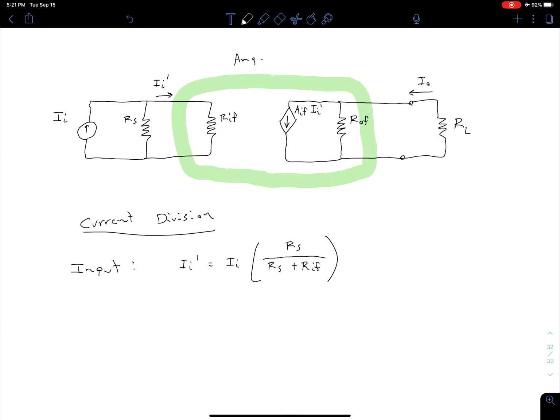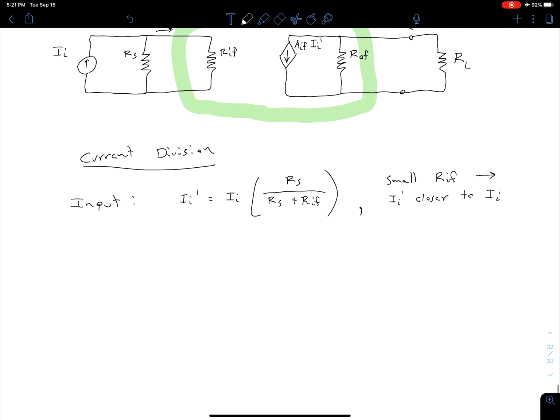In this case, we can see that if we have a small input resistance to our feedback amplifier, small R sub IF, that means our input to the amplifier, I sub I prime, is going to be closer to our I sub I. That's a desirable thing because we don't want to be losing our signal in this resistor RS here. Okay, so that is what we wanted.